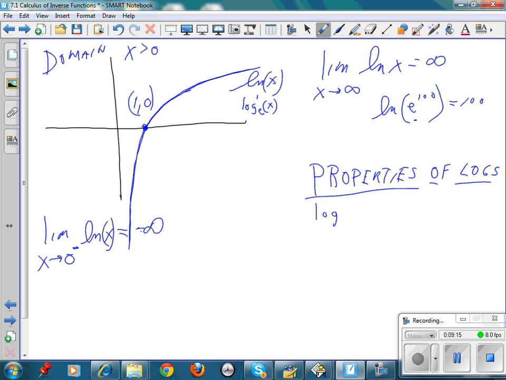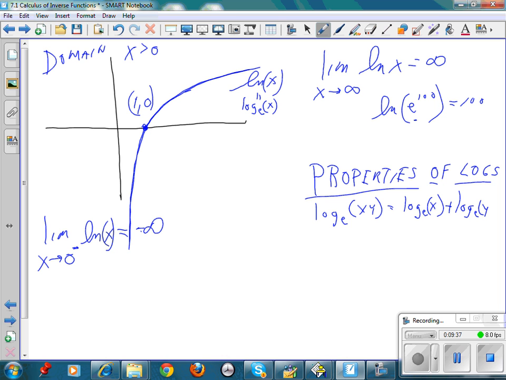They're equal to each other. So I could say the log base e of x times y is equal to the log base e of x plus the log base e of y.